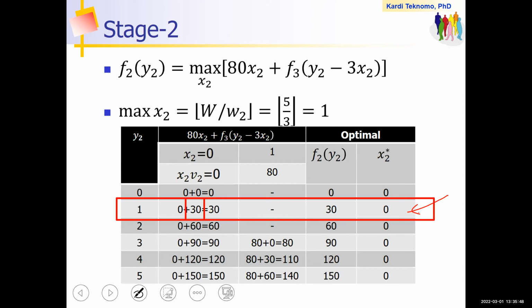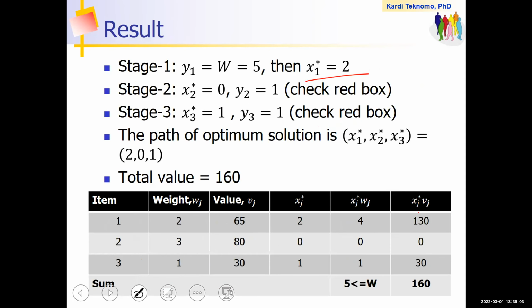So with x2 equals 0, and the value is 30. And then the last one is go back to stage 3 again. The value is x3 equal to 1.